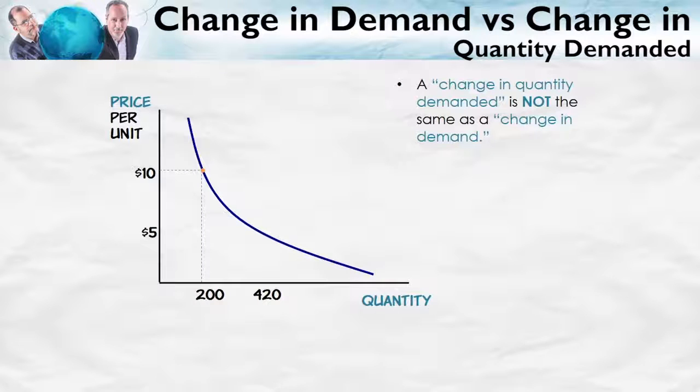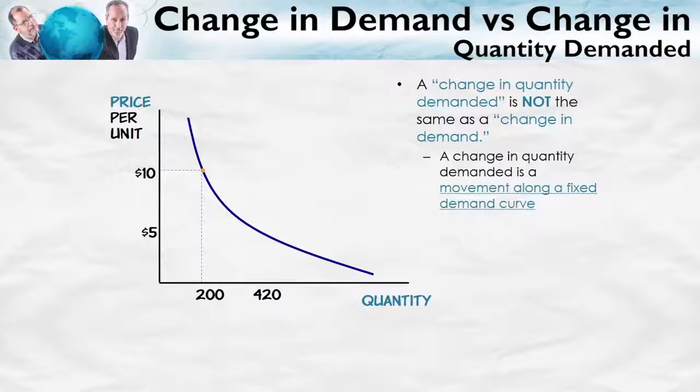The final point for this lecture is a terminological one, and this will become more clear after we've covered more of supply. I'll come back to that, but for now I just want to give you a heads up. Unfortunately, economists sometimes use similar words for different concepts. In particular, a change in the quantity demanded is not the same as a change in demand.